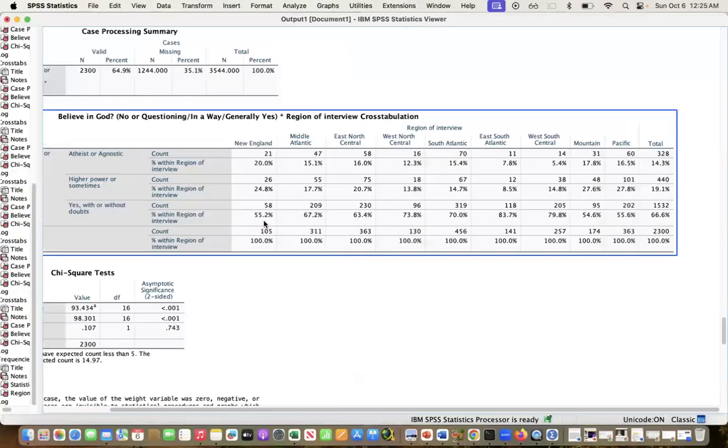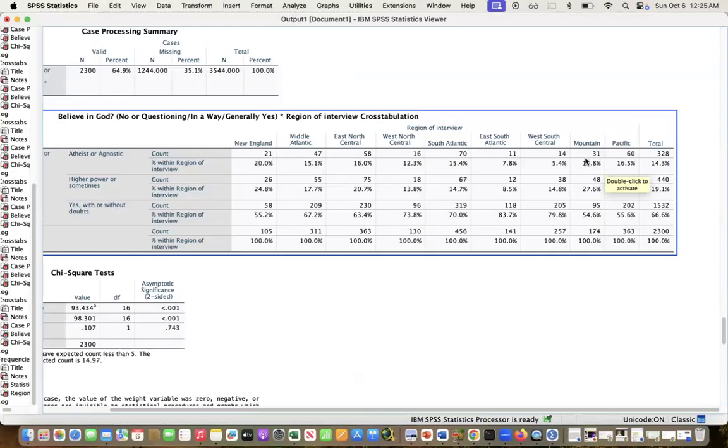And we can see the opposite. Here's 55, 63, 55, 55. Let's look at the ones that are under 55. Are they also the most likely to be atheists or agnostic? 20% is the highest.